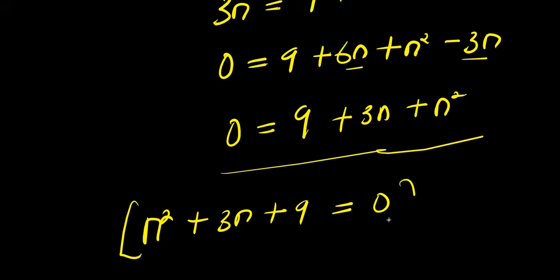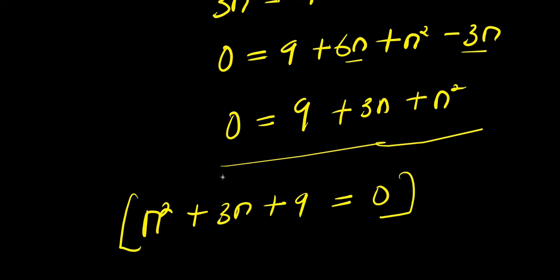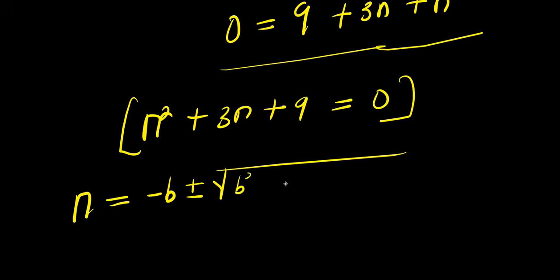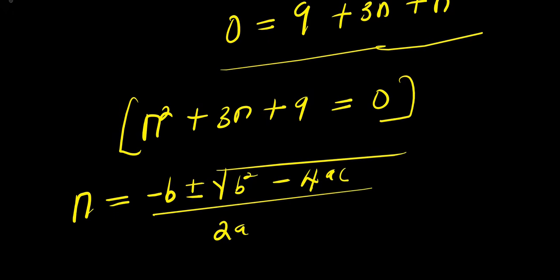To solve this, we consider using the formula method. We write the formula in respect to n. We have n equals negative b plus or minus square root of b squared minus 4ac divided by 2a. A equals 1, which is the coefficient of n squared. B equals 3, coefficient of n, and c equals 9, constant.